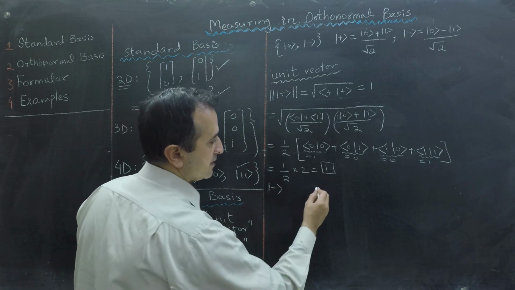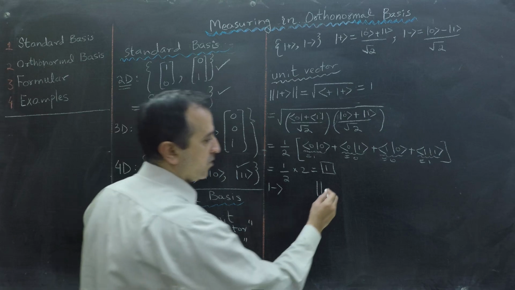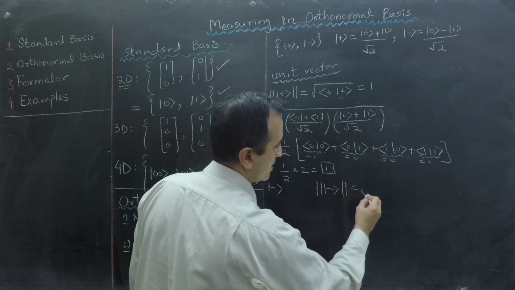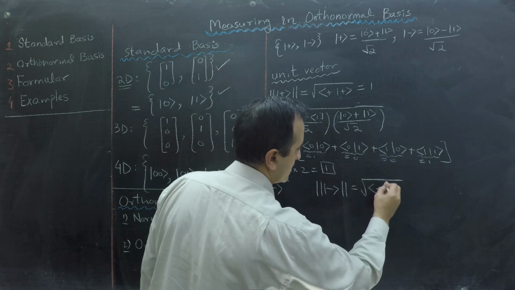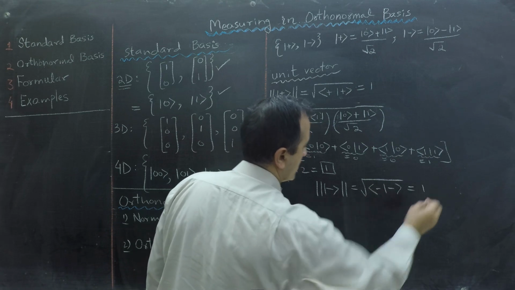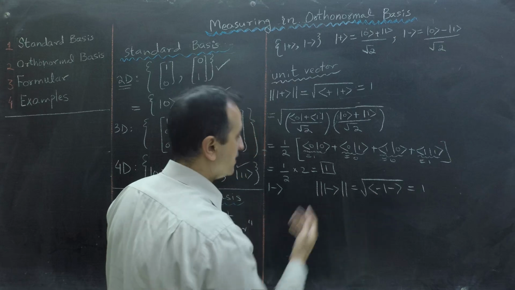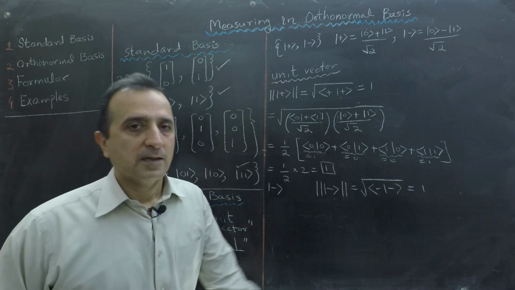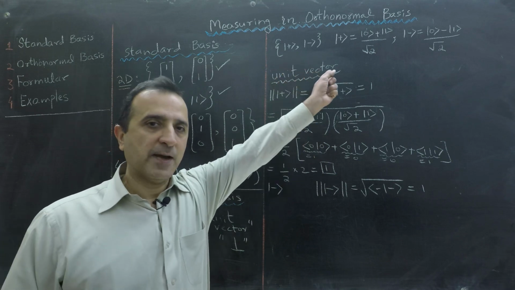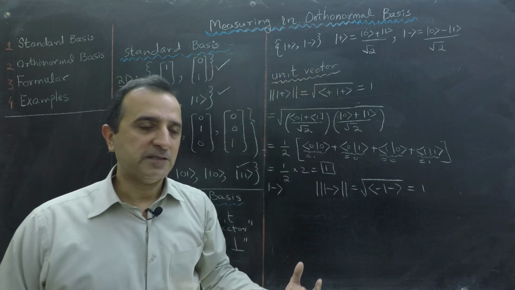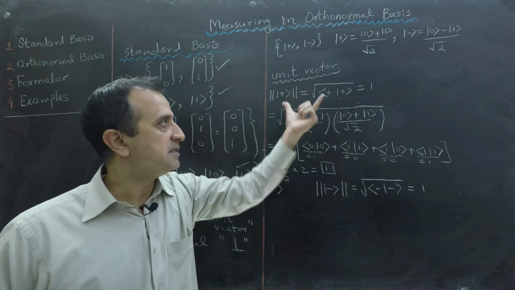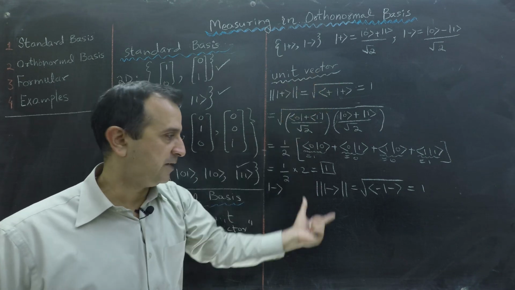That means that the norm of ket minus is equal to 1. Please do that yourself. In order to verify that ket plus and ket minus make an orthonormal basis, we have to verify that each vector is a unit vector, which we have done here.